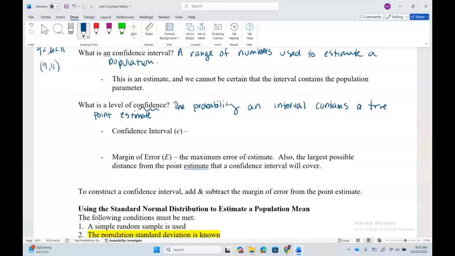We're not just going to say we're a little bit confident. In math and statistics, we're going to assign a number to that level of confidence, this C. So C is our level of confidence. Basically, this is an interval associated with a specific level of confidence.